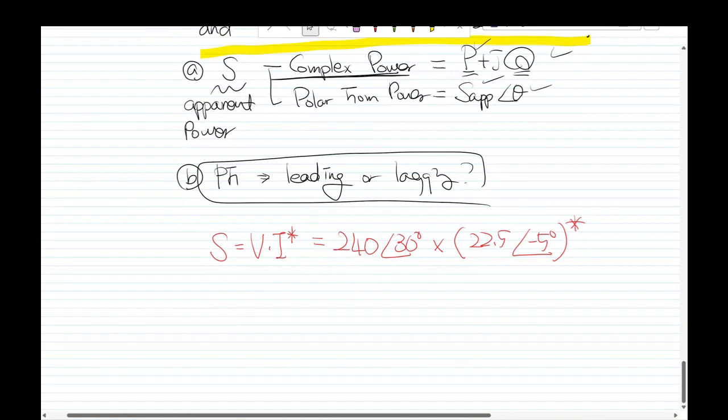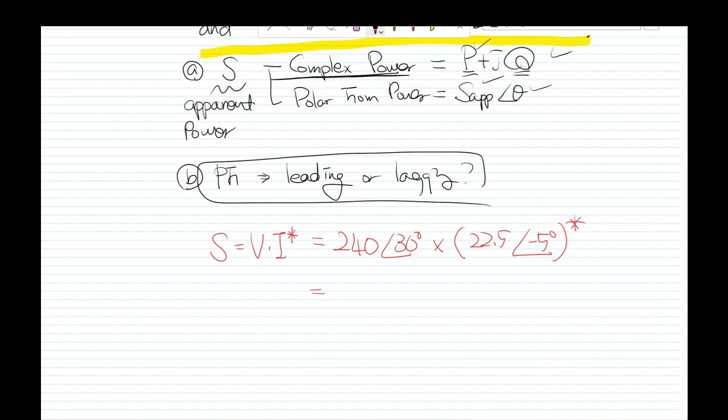And then, in chapter 1 we learned that to multiply two polar forms, you multiply the amplitudes and add the phases. So the amplitude is 240 multiplied by 22.5, and the angle is 30 minus the 5 degrees.